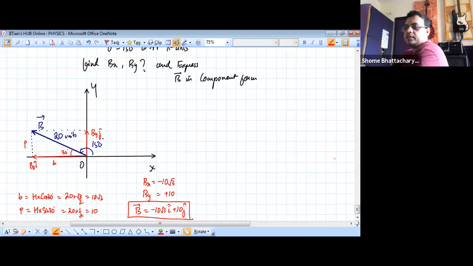This is how we understood that its components are minus 10 root 3 and plus 10 respectively. And these components will be in the same units as the magnitude of the vector. So if it's a displacement in meters, then these are also in meters. If it's a force in newtons, then these are also in newtons.